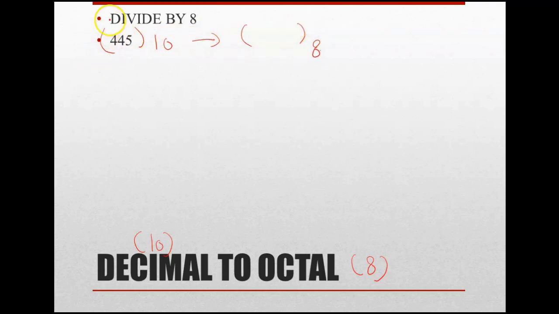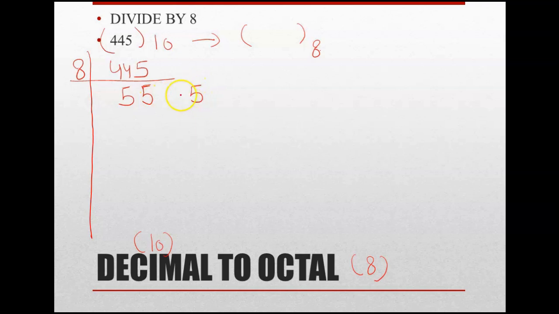If you remember the repeated division method in decimal to binary conversion, we divided by 2, but here we are converting into octal, so you divide this number by 8. 8 fives are 40, and the remainder is 5.